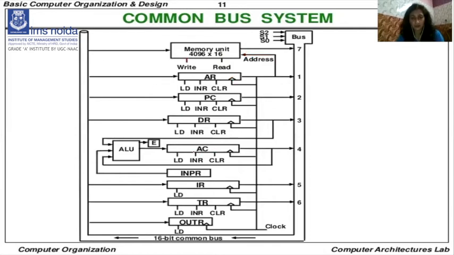Next, here as you can see, each and every register is taking the data. Like I am talking about the address register, it is taking the data from here and sending the data here.